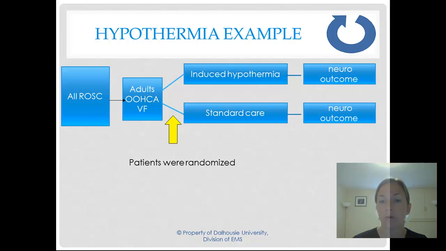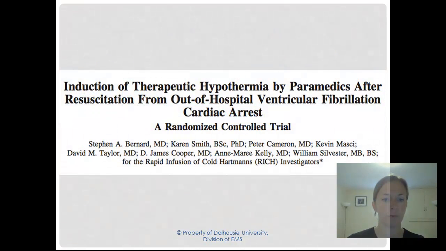Those patients would have either entered into the induced hypothermia study arm, which is the treatment arm of the study, or they would have been entered into standard care, so not receiving therapeutic hypothermia, just receiving normal temperature, normal care, everything else being the same. And then the outcomes were measured for these patients who ended up in either one of these groups, which in the Bernard study was the neurological outcome. And this is that example article here, the Bernard study.